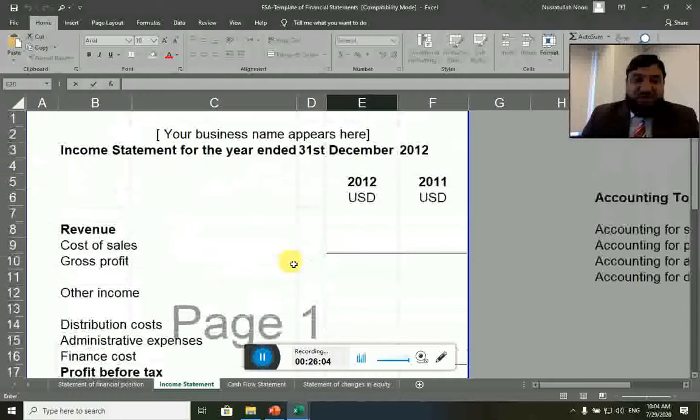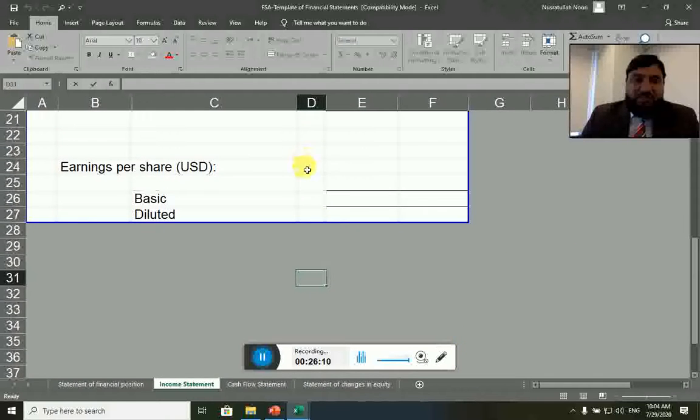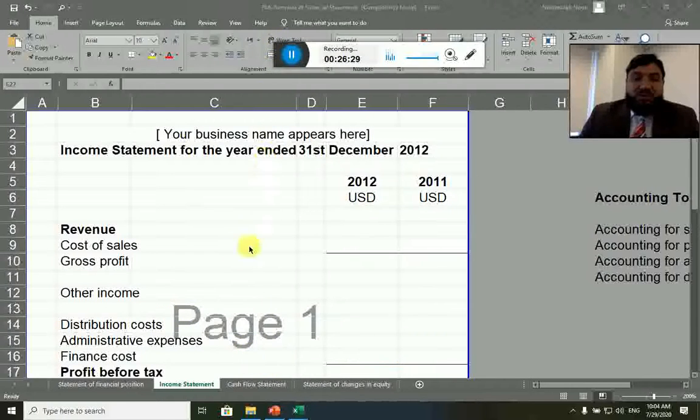This profit is basically transferred to the balance sheet. Then down there the earning per share is calculated, basic and diluted. Remember that these financial statements are made for corporations, for public limited companies, the companies who issue shares and bonds and have thousands of shareholders. So these statements are made for those businesses.